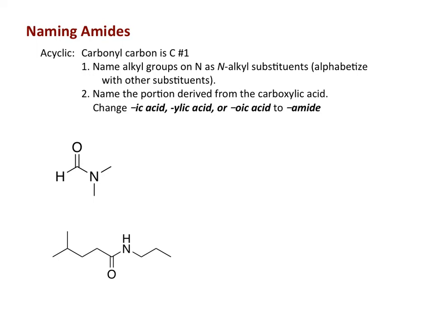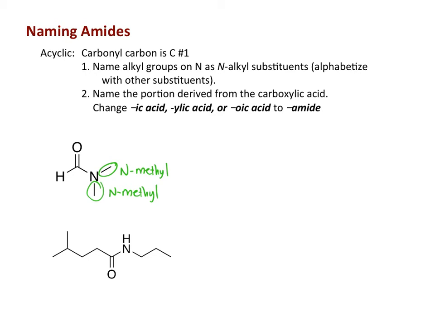So here's a couple of more complex examples. This first one, we have methyl groups on the nitrogen. So we have an N-methyl and another N-methyl.